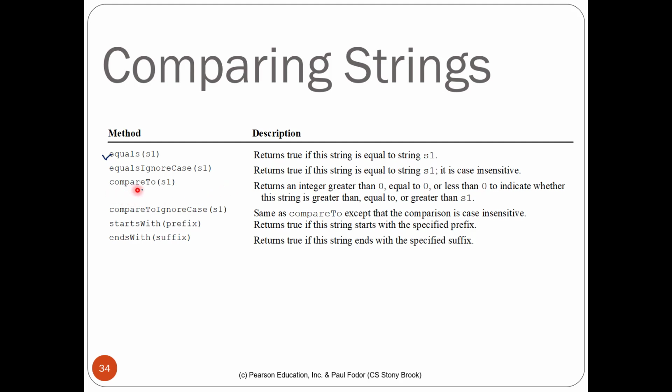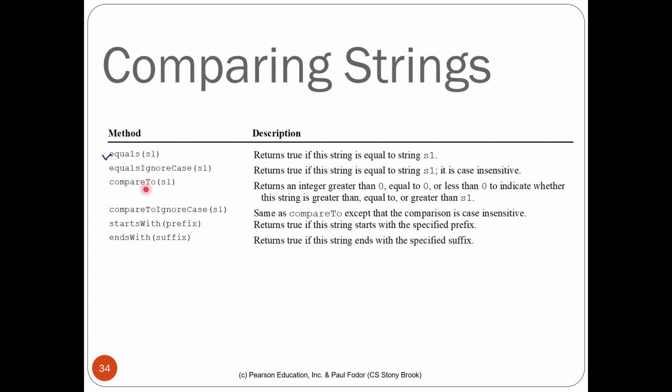What will happen is it will return an integer, and the integer value could be 0, could be less than 0, or could be greater than 0, and that will determine the order in which these two strings will be stored if we have to put them in some order, ascending order, which is lexicographical order or alphabetical order.